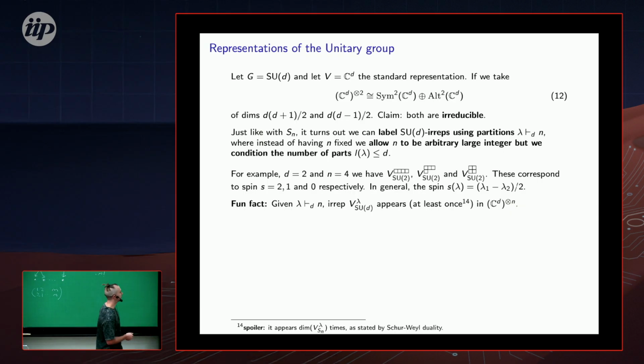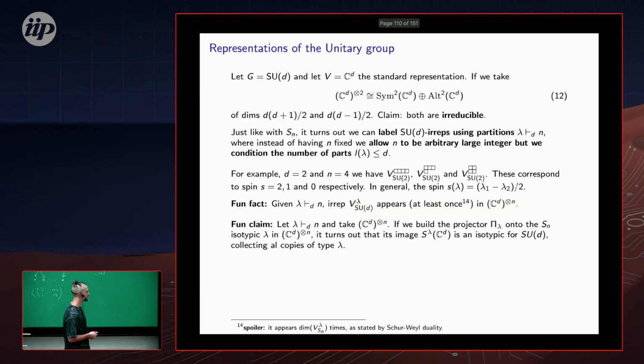Fun fact is that any and all partitions with n boxes appear as subspaces in (C^D)^{⊗n}. So if you want to produce these spin irreps, you could take 4 spin 1/2s and then choose the right subspace. Again, it makes sense, right?